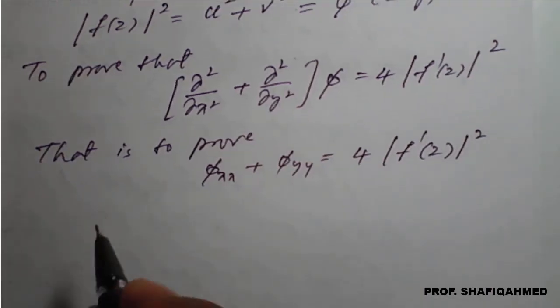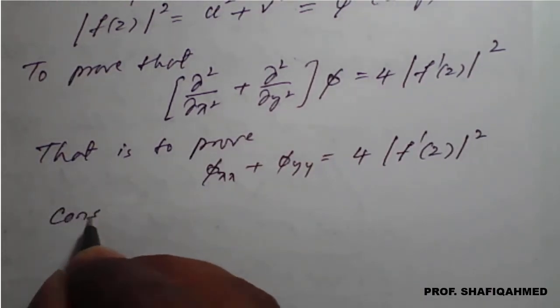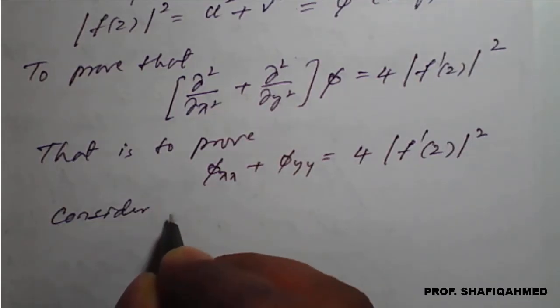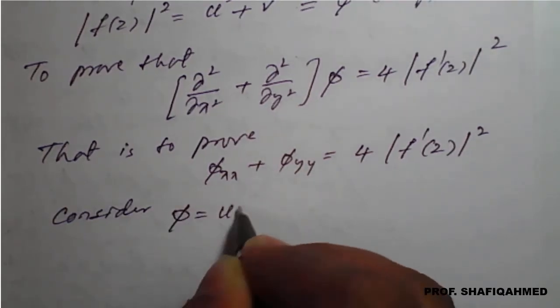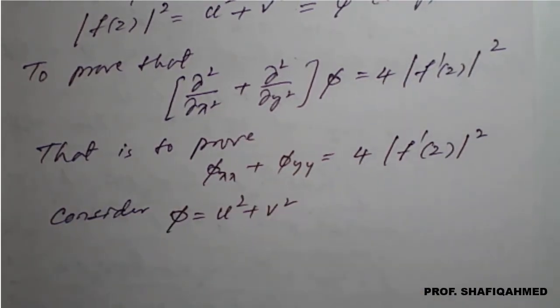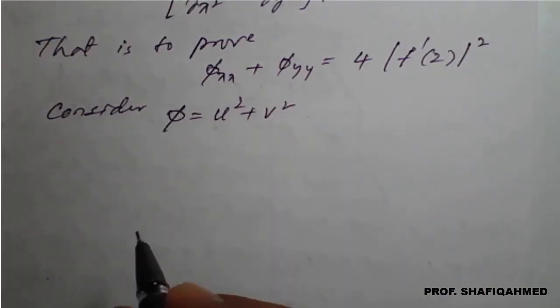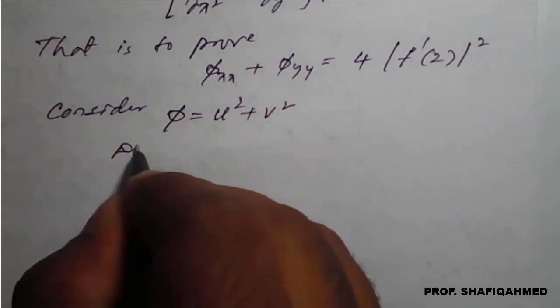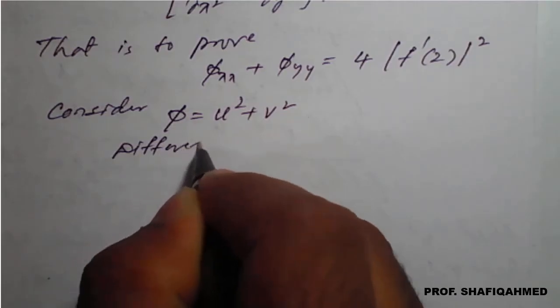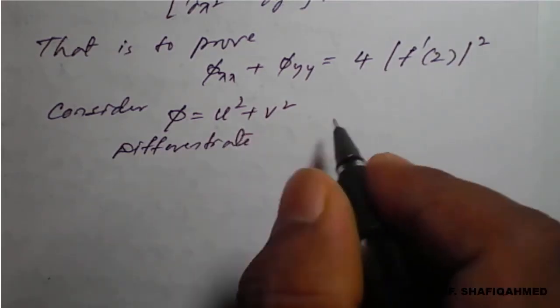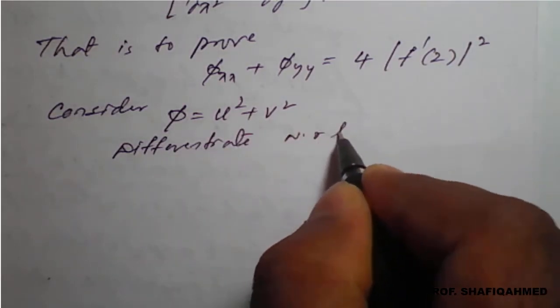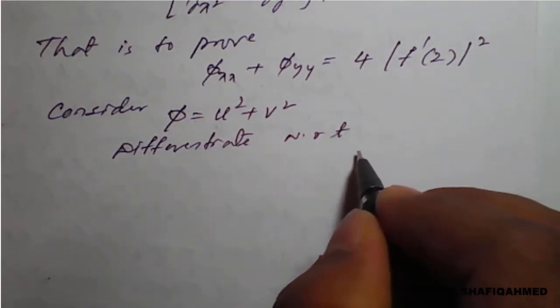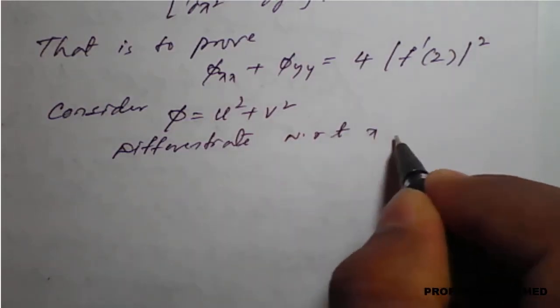Now consider phi equal to u² + v². For this we'll differentiate with respect to x partially.